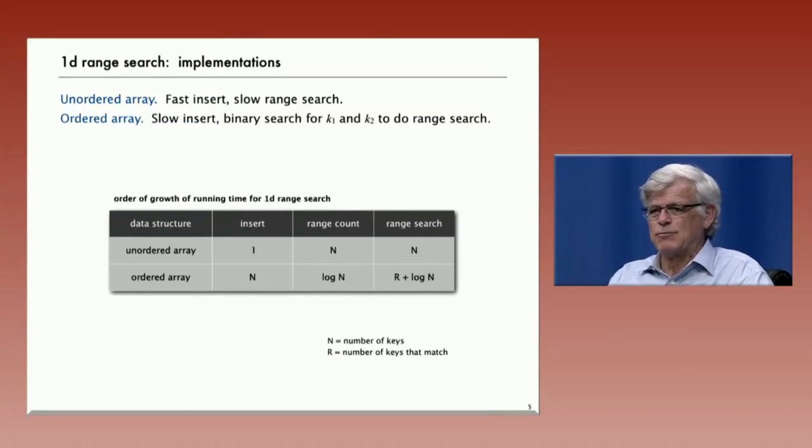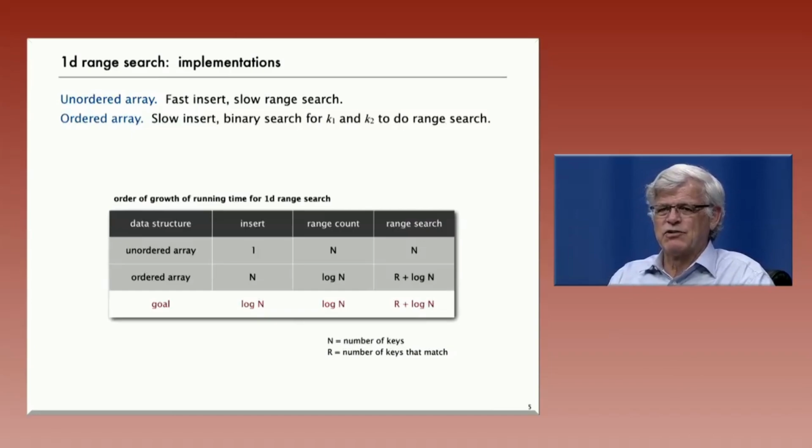It's only going to take time proportional to log n, and then from that you could figure out how many keys there are, or return them all between the index of the lowest one in the range and the index of the highest one in the range. So those elementary implementations are not acceptable for large numbers of keys because they have linear time operations.